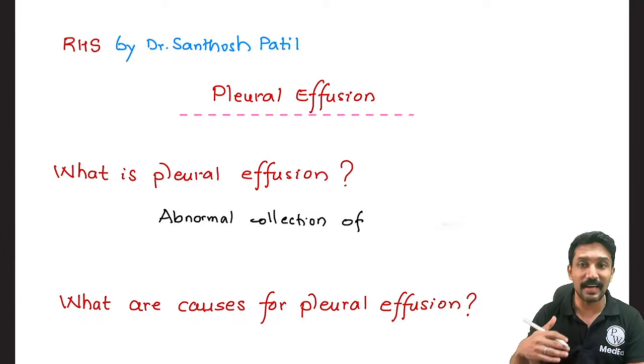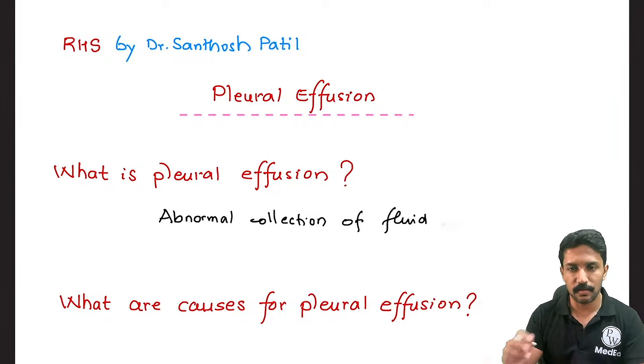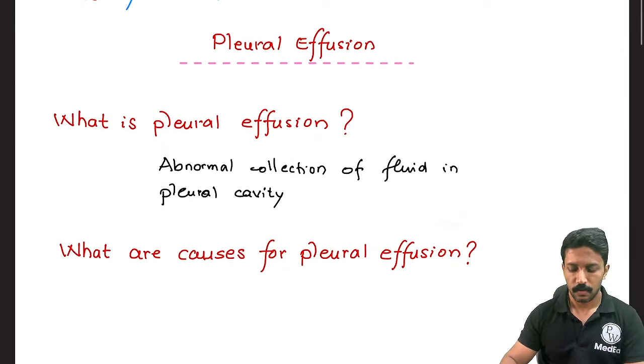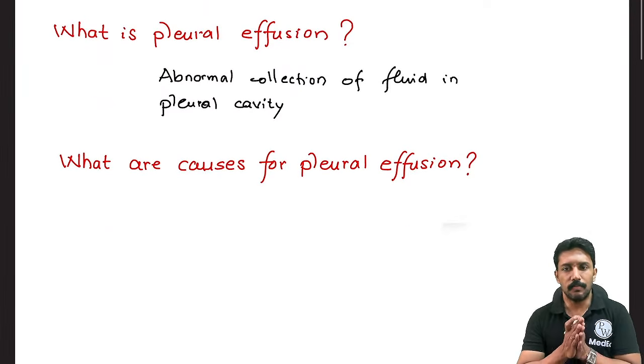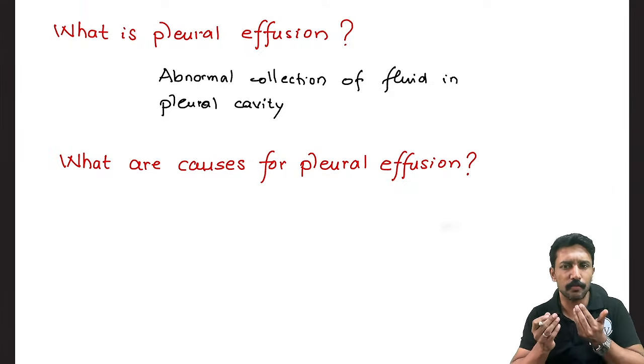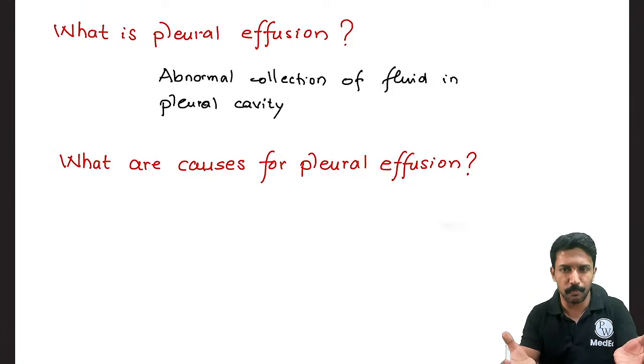Now what causes the collection of fluid in pleural space? That's what we need to learn. The fluid, if it is coming into the pleural space, is mostly coming from blood vessels, because that's what brings the fluid to every part of the body, right?